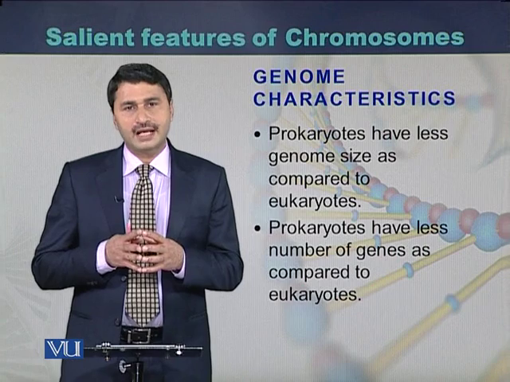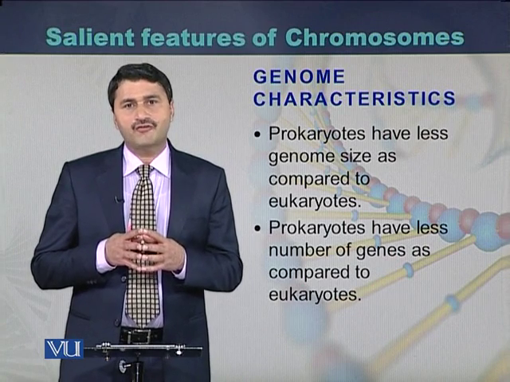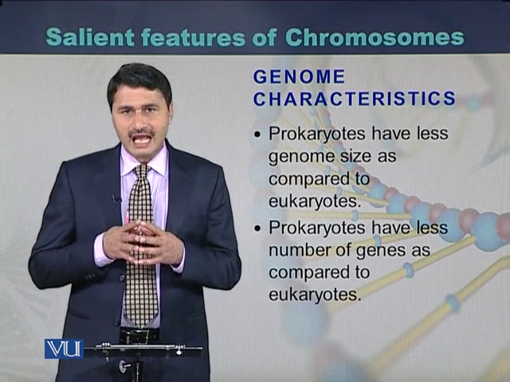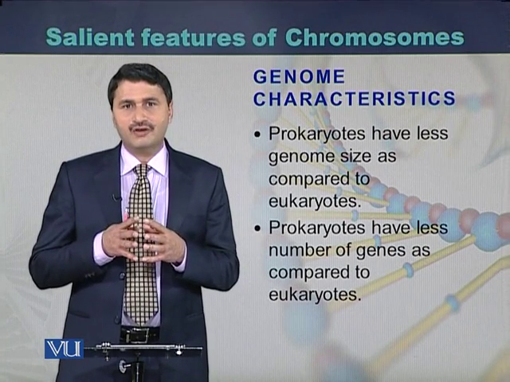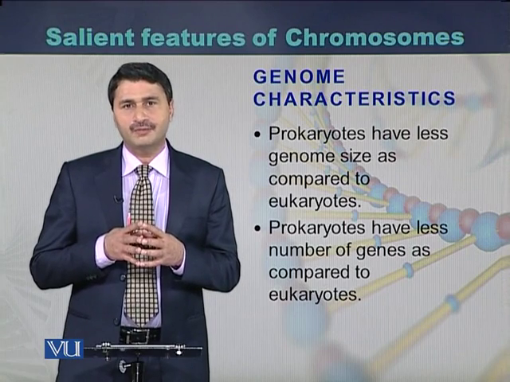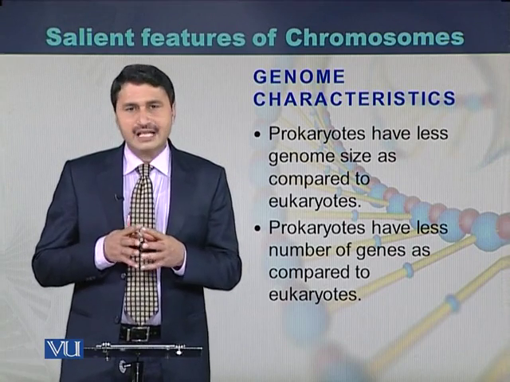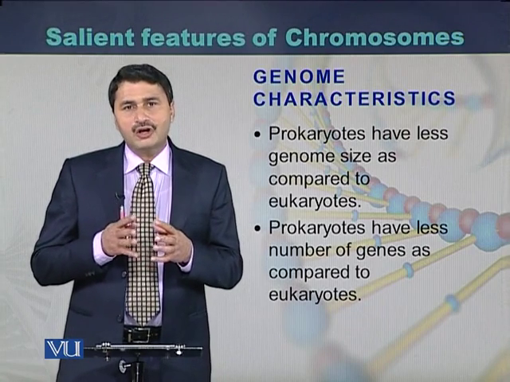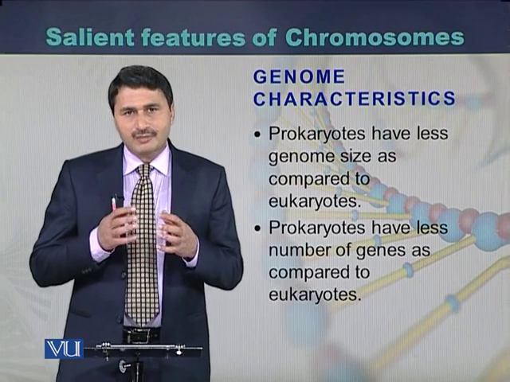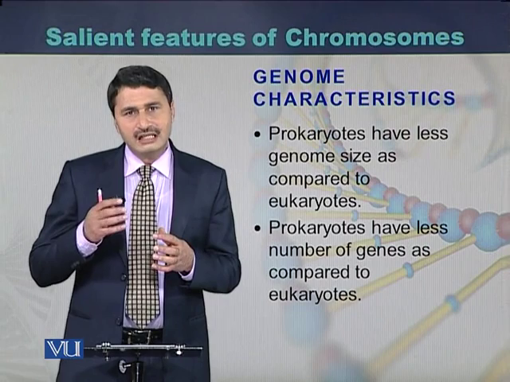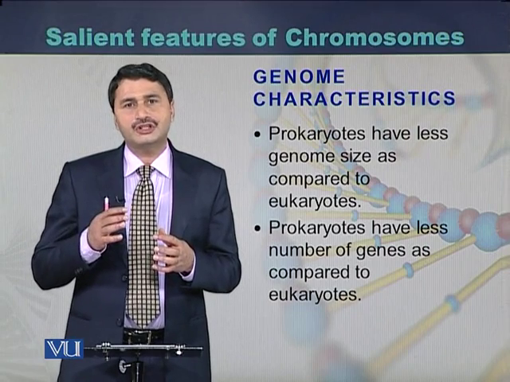If we make a comparison between the genomes of prokaryotes and eukaryotes, prokaryotes have a smaller genome size as compared to eukaryotic genomes. If we compare based on the number of genes, the prokaryotic genome has fewer genes, while eukaryotic genomes have a large number of genes.